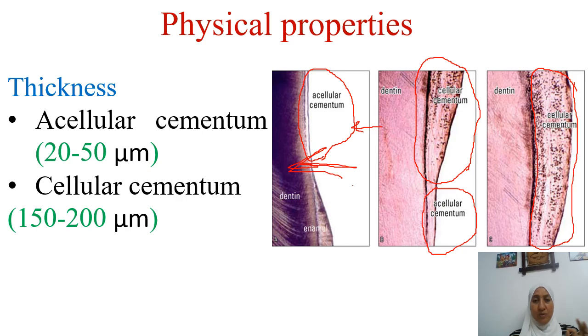Exactly like bone, the osteoblasts entrapped in the mineralized matrix are called osteocytes. Also, the cementoblasts that formed cementum, when entrapped inside the matrix, are called cementocytes. From these criteria, we have acellular cementum without any entrapped cells and cellular cementum with multiple entrapped formative cells.